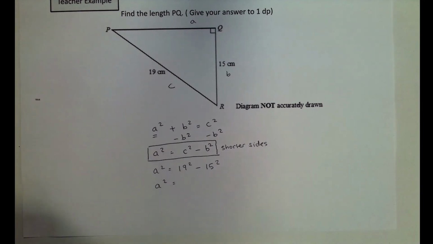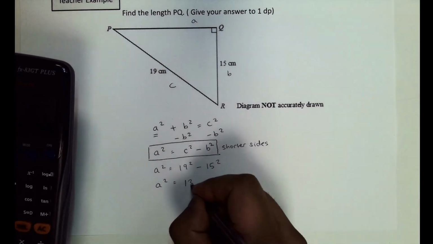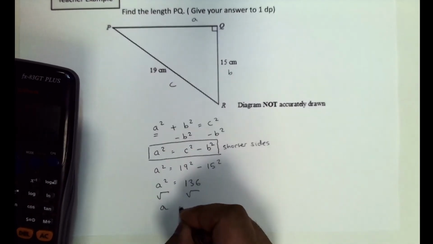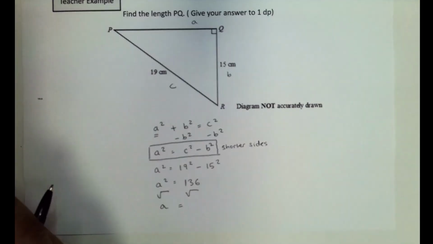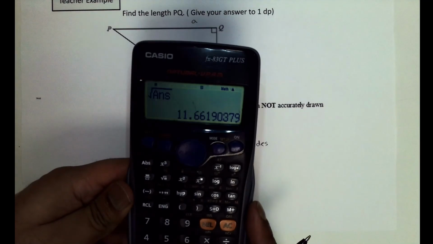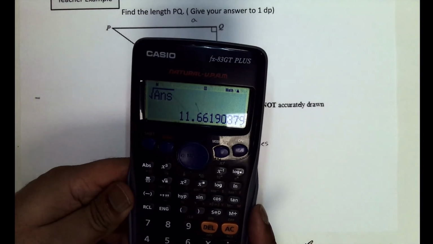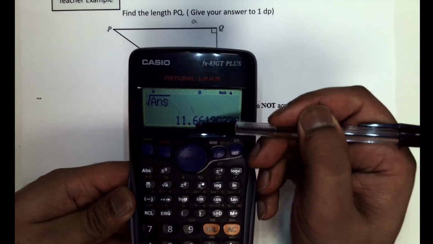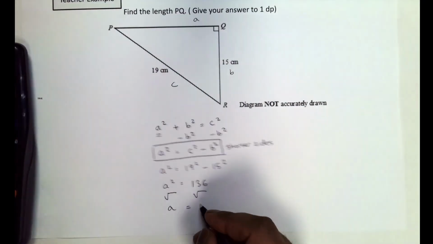Gives me 136. Just need to square root now, just to get the value of A, and to one decimal place, that would be 11.7. So there's my first decimal place. In this case, it will round up to 11.7.